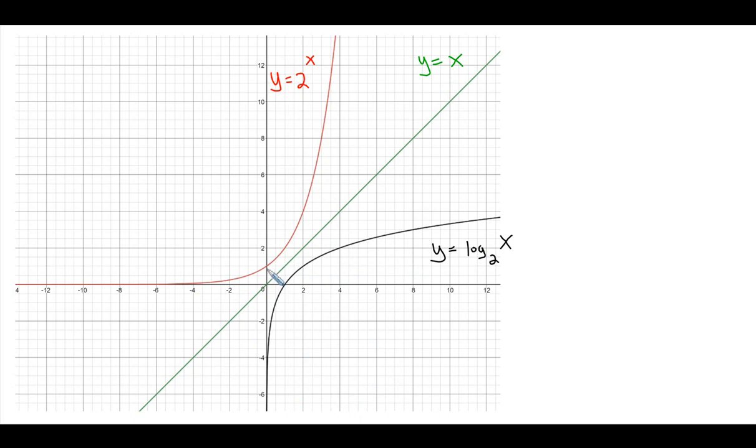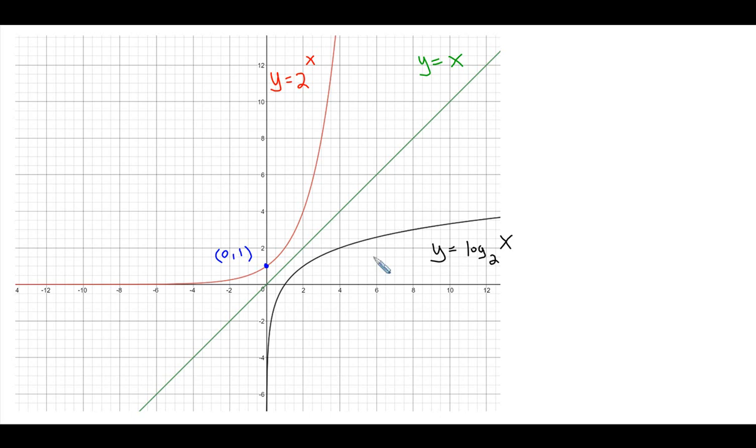So since we know that to be true, there are some key ideas that we need to remember. One, the home point for the exponential function. Remember, a basic exponential function always crosses through the point 0, 1. Since an exponential function and a log function are inverses, the x and y values switch.